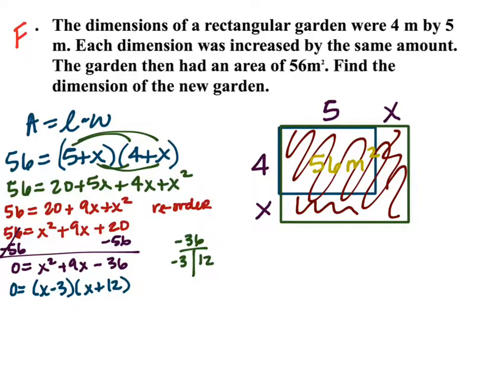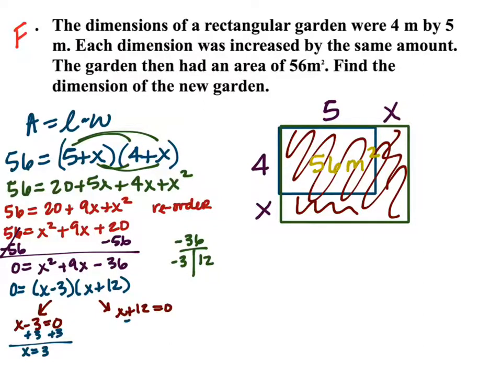I get to go about two separate equations using the zero product property, and I only care about the one that is positive. When I add 3 to both sides, I find that x is equal to 3, and that's a great thing because it's positive.